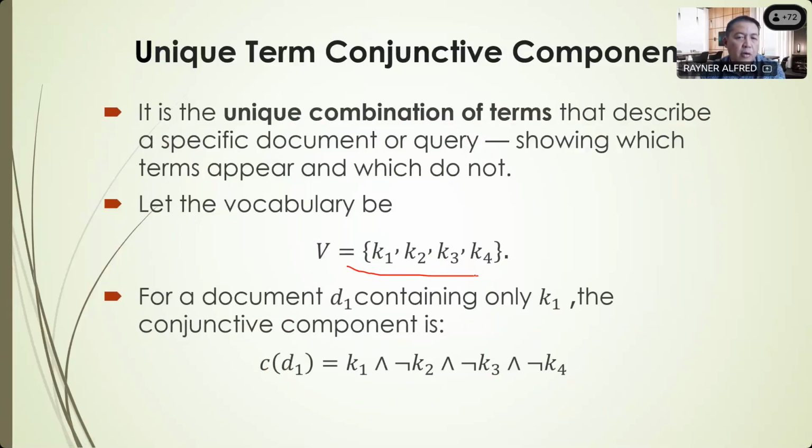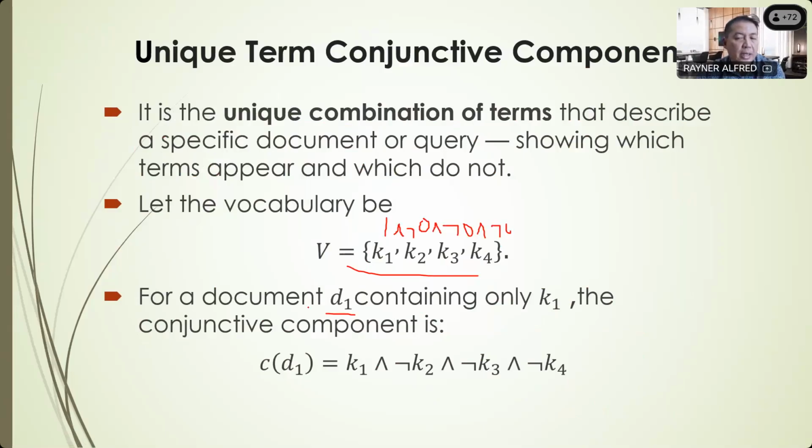For a document D1 containing only this, the conjunctive component will be 1 and not, because this is 0, and then not 0, and then not 0.